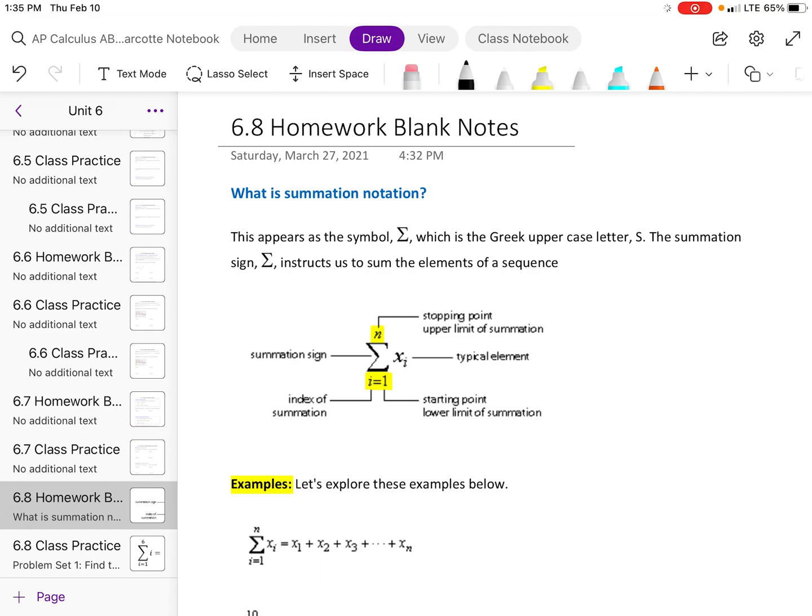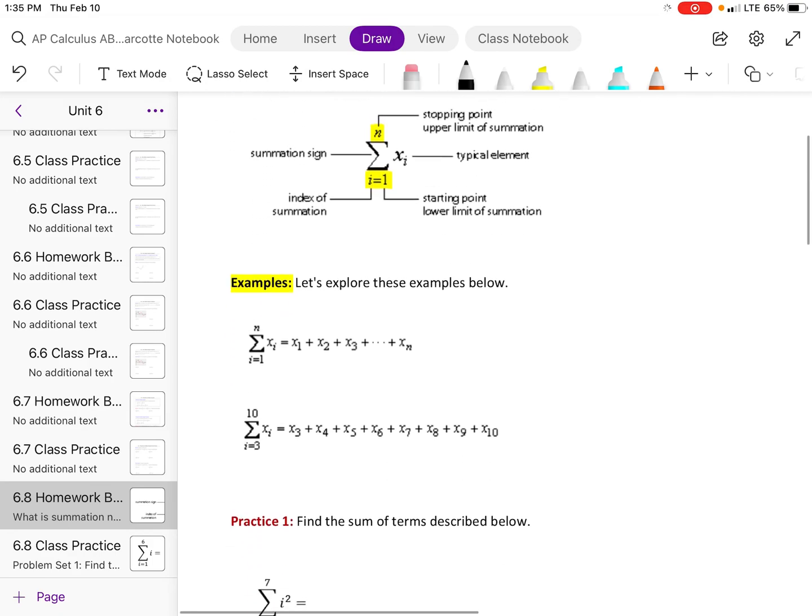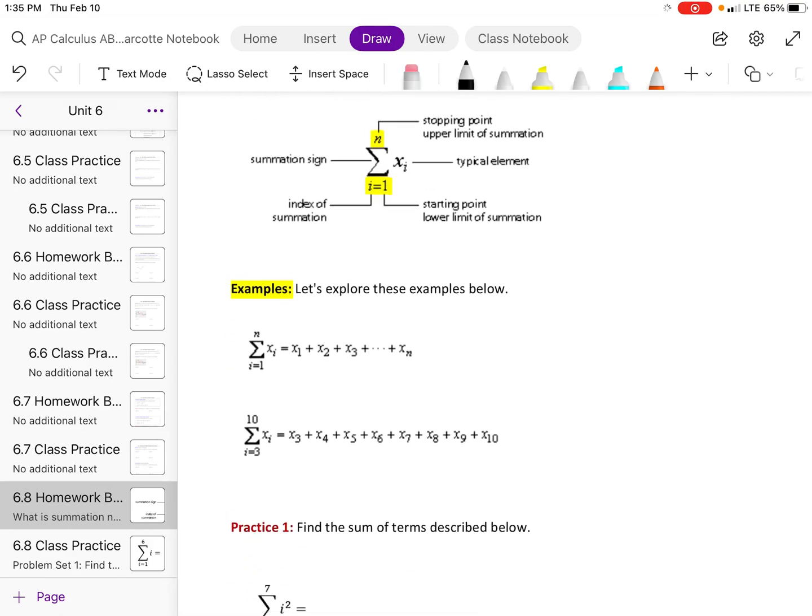Of course, the big E means sum. And then x_i is telling us the terms. Looking at an actual example, looking back now at what I was describing, what this really means is that you take the first term, where i is 1, and instead of writing i I write x_1.